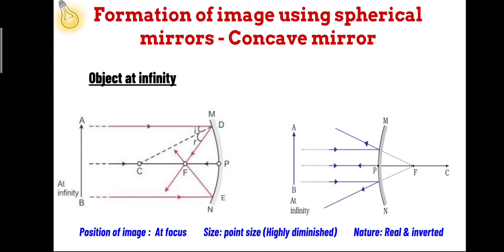The image so got in case of a concave mirror is at focus and is point sized. If it is a concave mirror, the image is real and inverted, whereas in case of a convex mirror, it is virtual and erect.